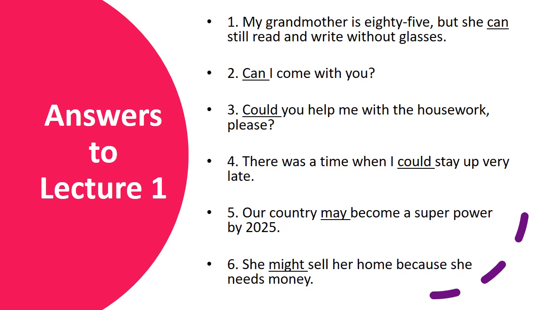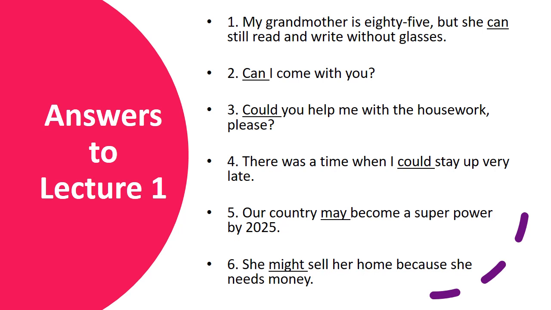So you would have done your homework. Please pick up your notebook and match your answers. Number 1, my grandmother is 85, but she can still read and write without glasses. Number 2, can I come with you? 3, could you help me with the housework, please?